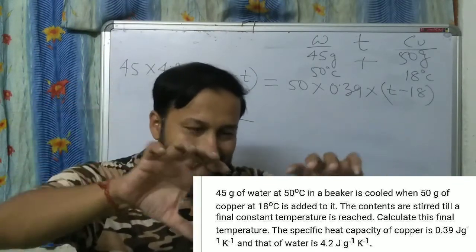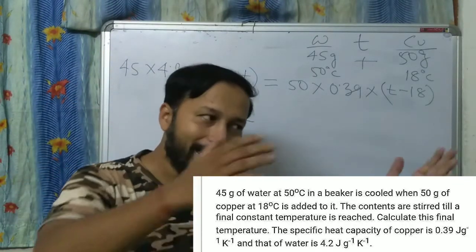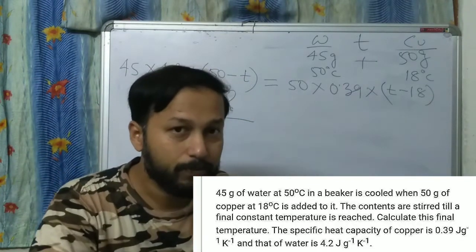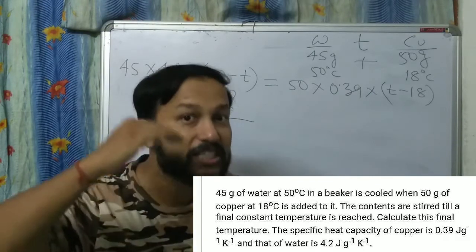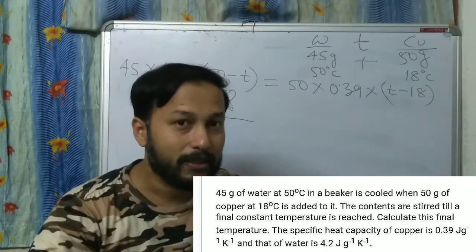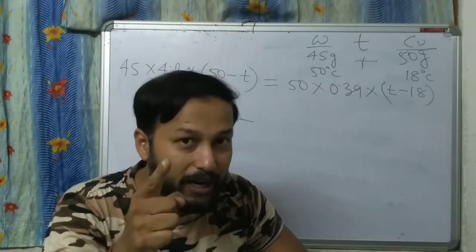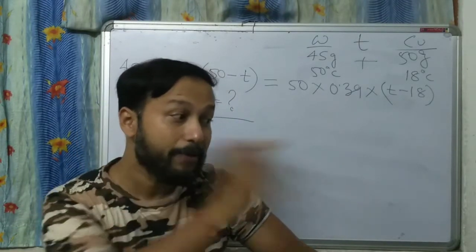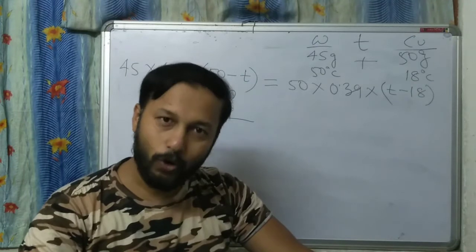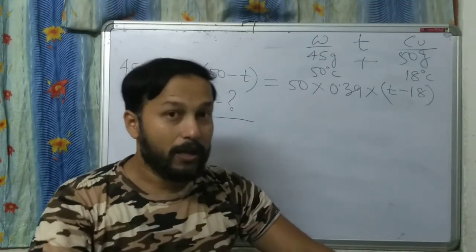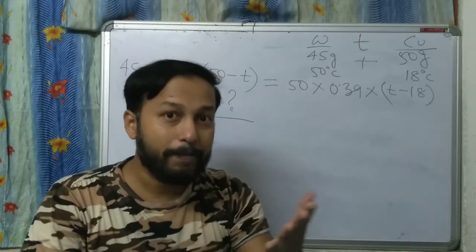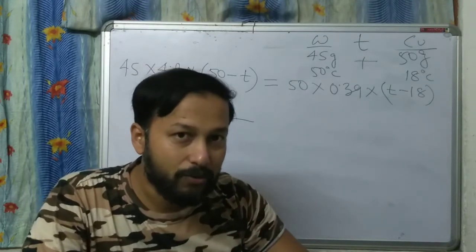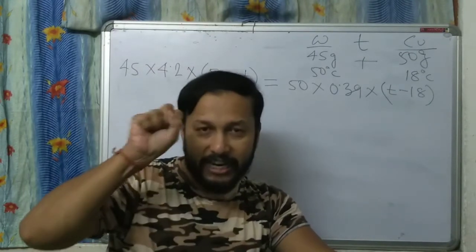Whenever you are mixing two liquids, or any solid and liquid, you will see whose temperature is higher. The material with higher temperature will give heat. Another material whose temperature is less will take heat.